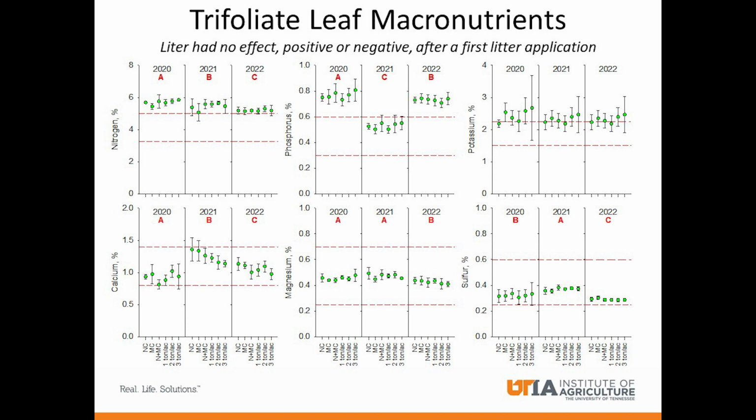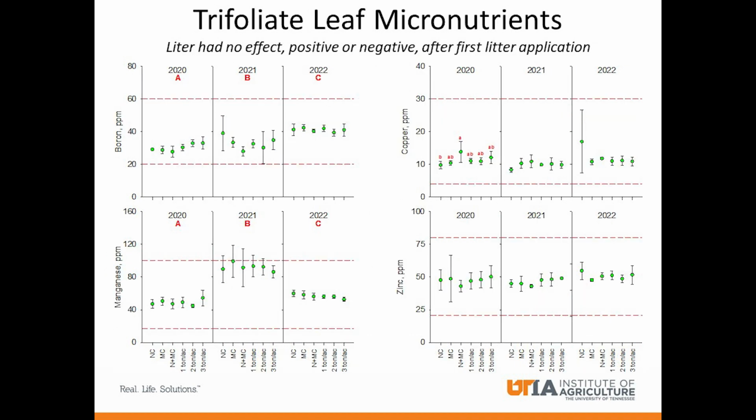Even though there's year-to-year variation, there's never any difference between plants grown with just litter, that's carryover litter, or excuse me, direct litter in this case, versus these controls. The same was true also for the micronutrients: the boron, the copper, the manganese, and the zinc. So I think this, again, bears out that the mineral nutrients in litter are crop available even when they're put out as late as at planting.